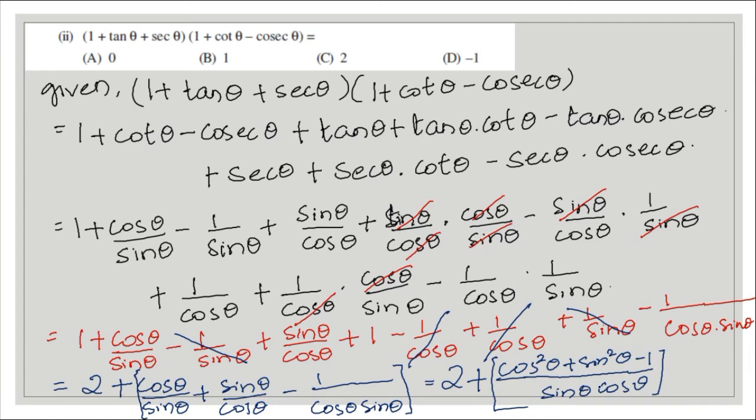So 1 minus 1 is 0. 0 by some number is 0. So we get 2 plus 0, which is equal to 2. So the correct answer is option C. 2 is the answer. It's very difficult to guess the answer. This is the best possible thing which we can do.